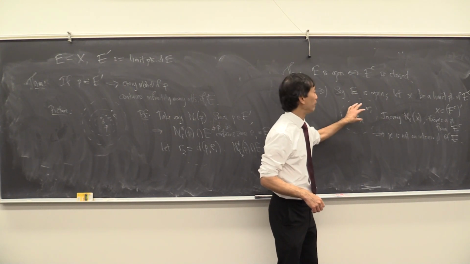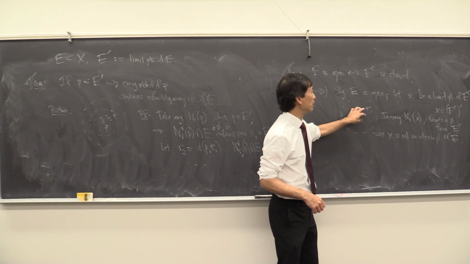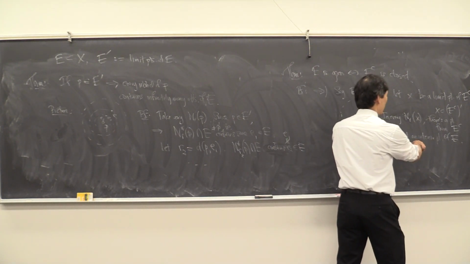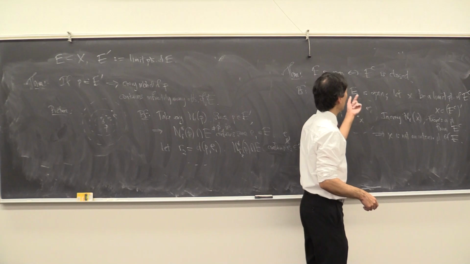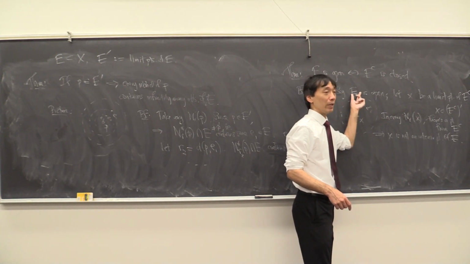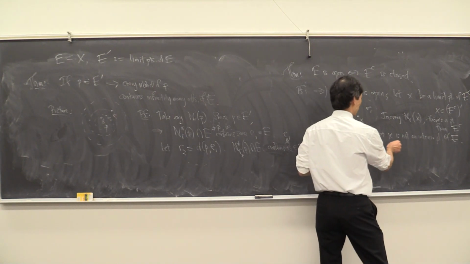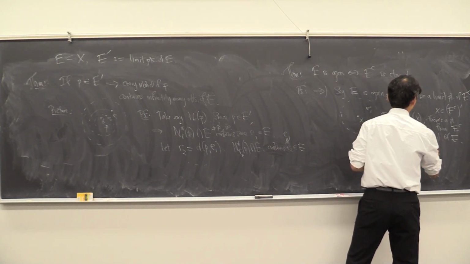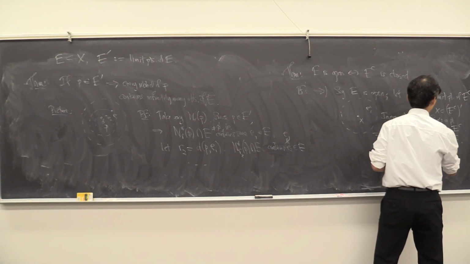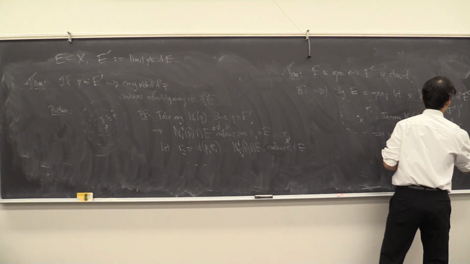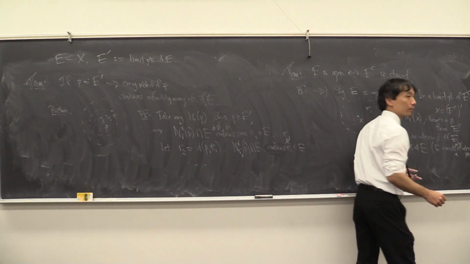So you can't find a neighborhood that's contained entirely in E. So X is not an interior point of E. But E is open, which means that all of its points are interior points of E. So that tells you that X cannot be in E because E consists only of interior points.